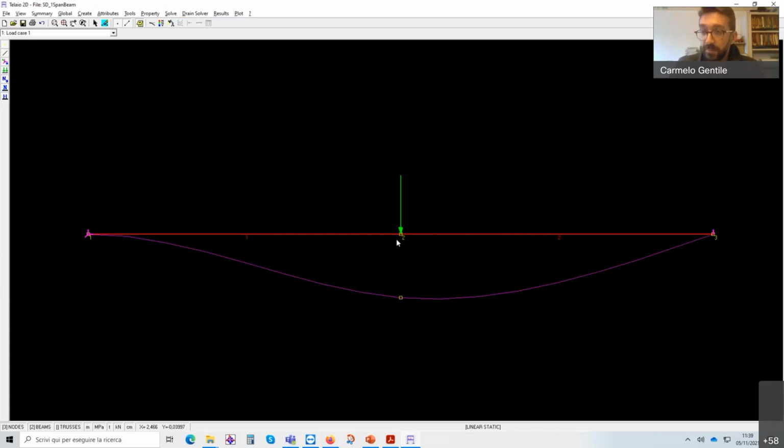Sorry, can you repeat this step? Yeah, sure. Every time we run an analysis, the first thing is plotting the deformation, even if we don't care about the deformation. We just go and look at the deformation, and we have to be very critical, and we understand if the deformed shape that we find is the same as what we were expecting.